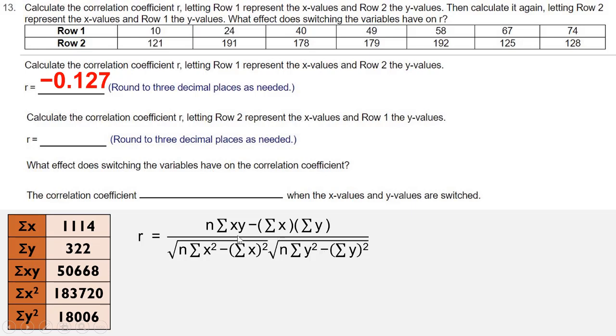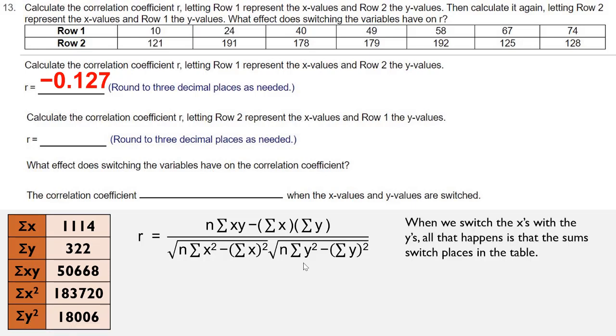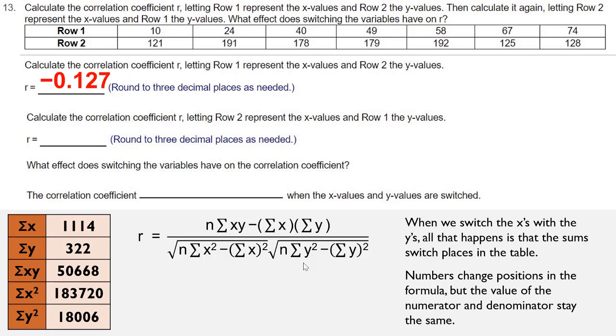But we'll still be multiplying the same two values together, and thus the entire denominator stays the same. So if the numerator and the denominator both stay the same, then the value of this correlation coefficient will stay the same, which means that the new r is also negative 0.127.